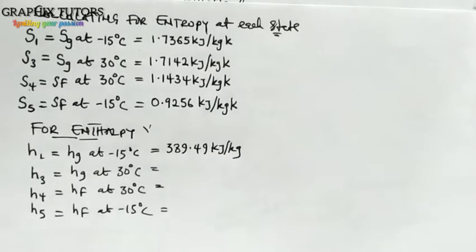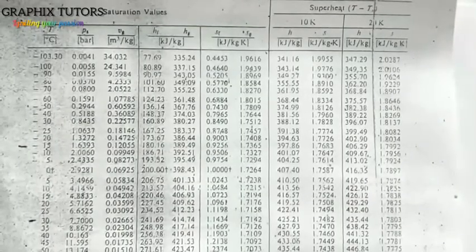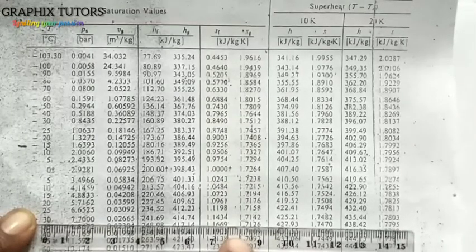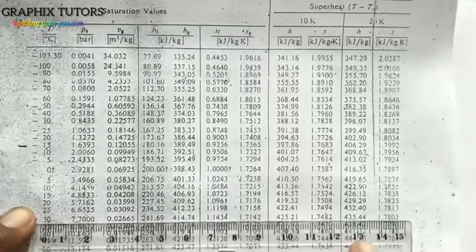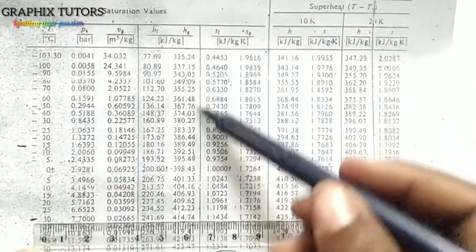The next one, I'll look for what? HG at 30. So visit our steam table. So this is the table of 30 here. Right. Then we'll come here, we'll trace it, and we'll go HG at 30, and that is what?